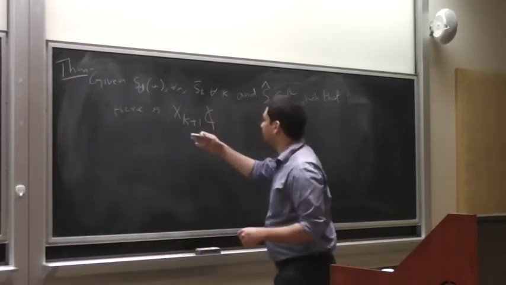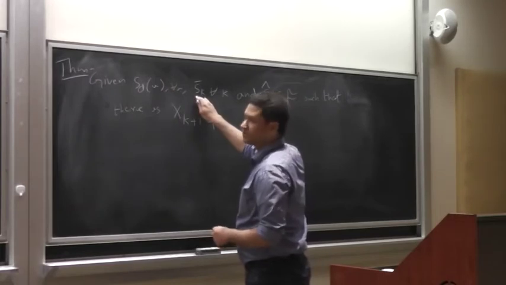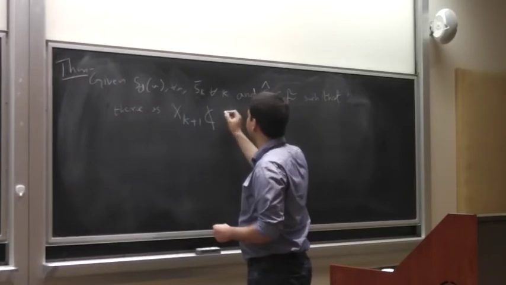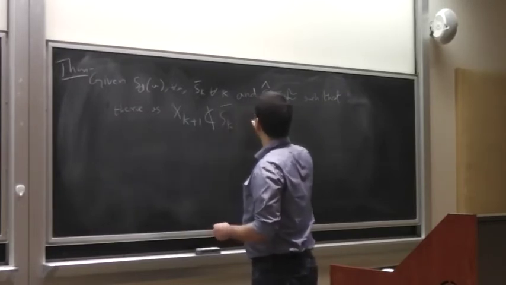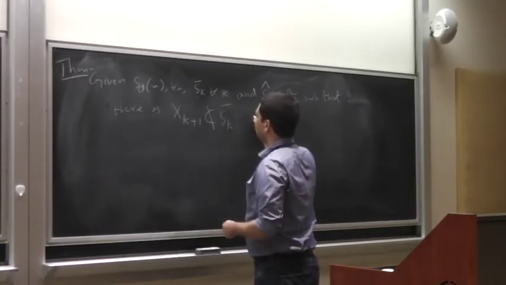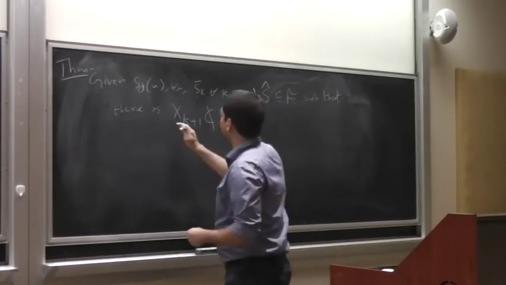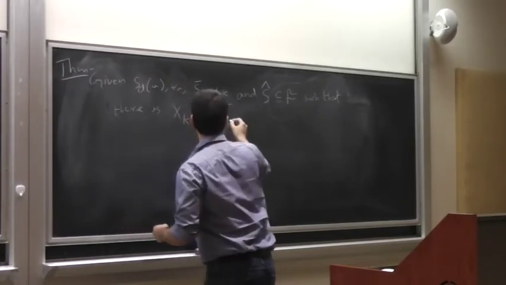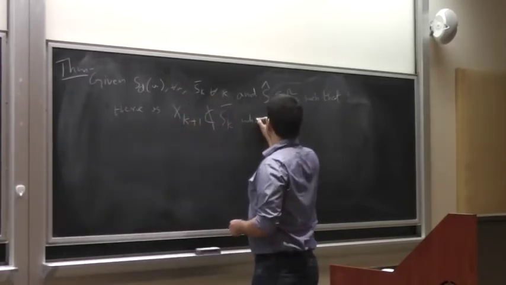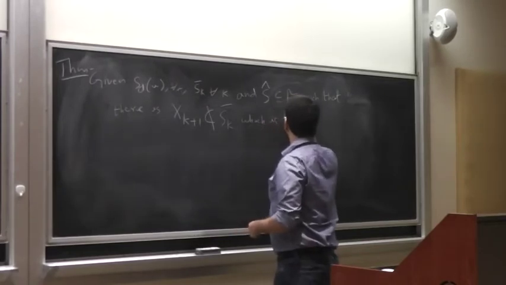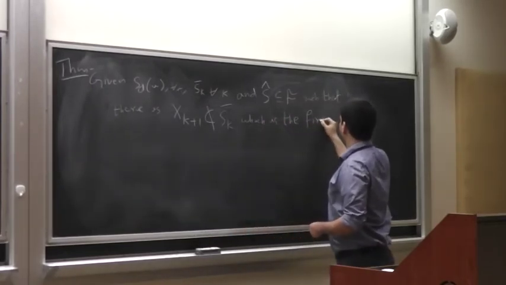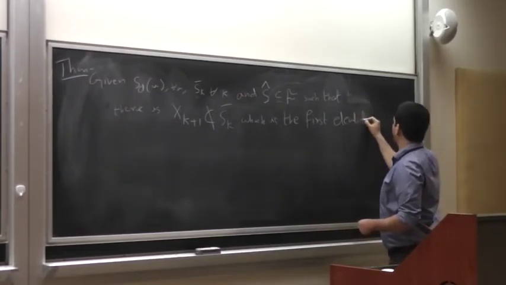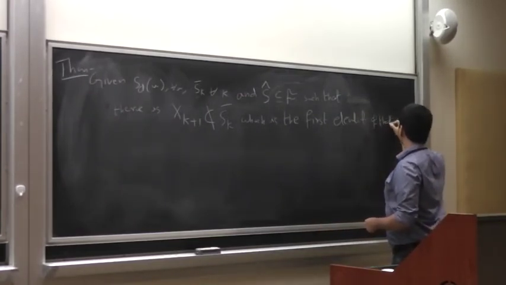So you're looking for an xk plus 1 that does not belong to a particular starting set, but does not belong to sk. And a better way to say it is xk plus 1 belongs to S, not belong to sk, which is the first element of that kind. Okay?